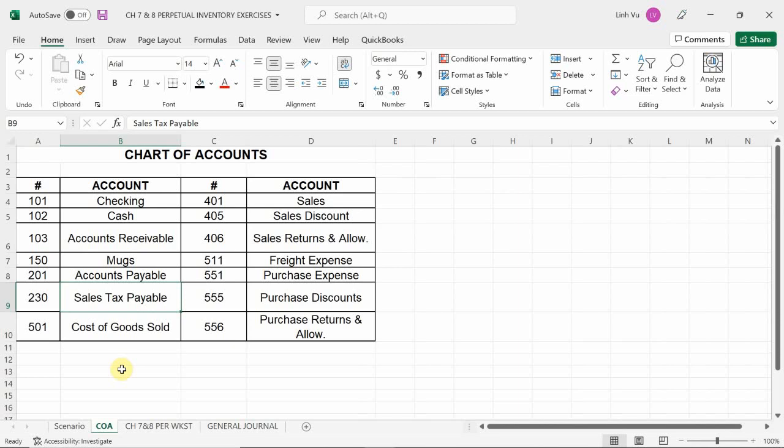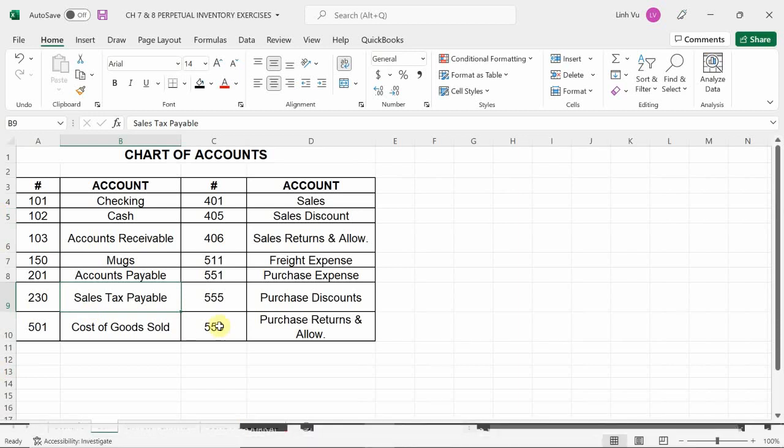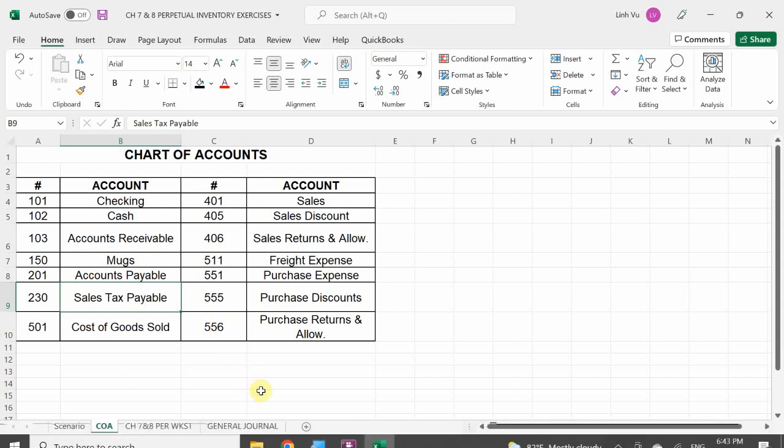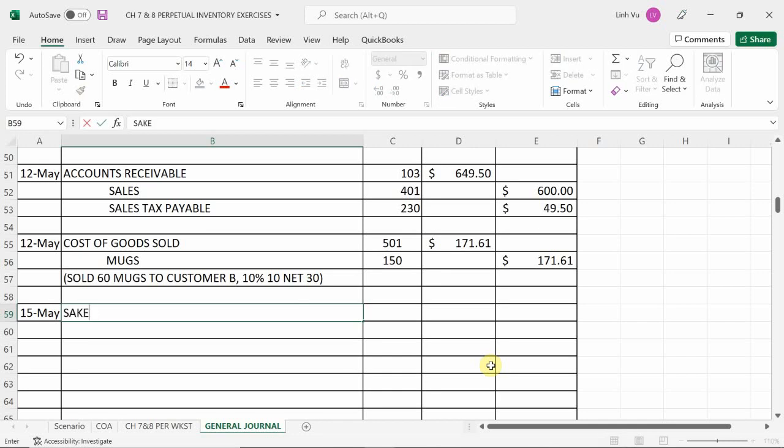So account number 406. We also have to take note that we charged the customer for sales tax, so we need to also give a portion of the money back to the sales tax. And because customer B did not pay me with cash, we have to assume that we're going to reduce their account receivable. So let's take a look here. We said that it's a sales returns and allowances.